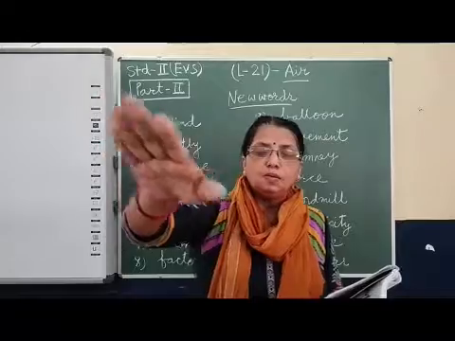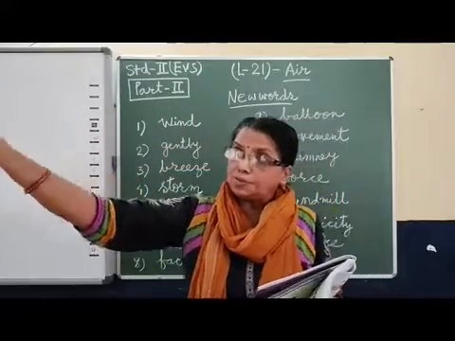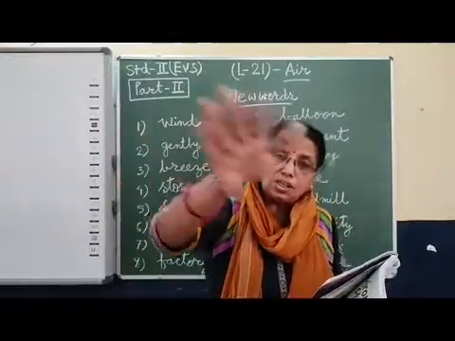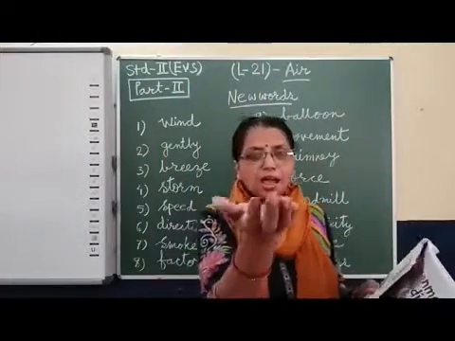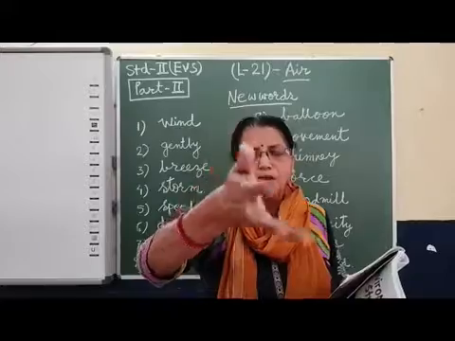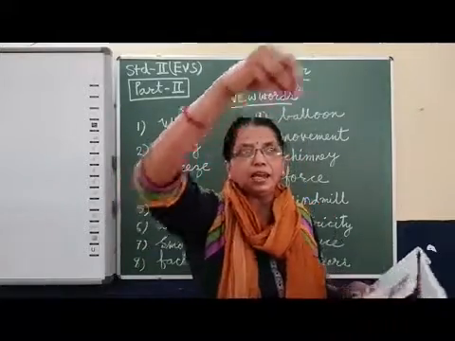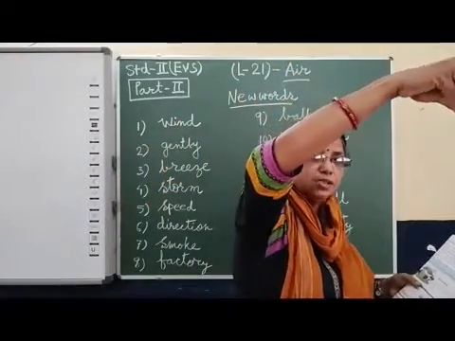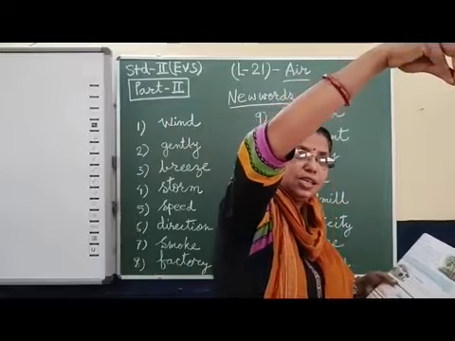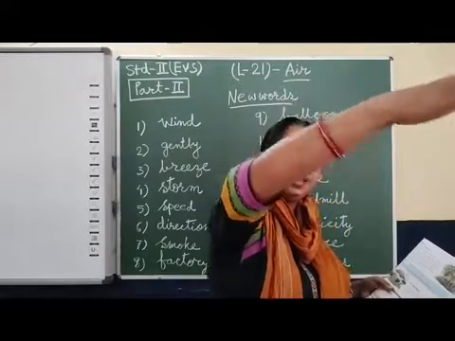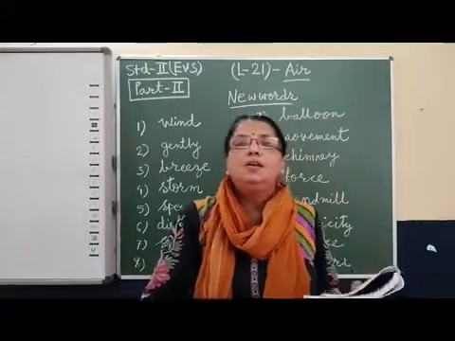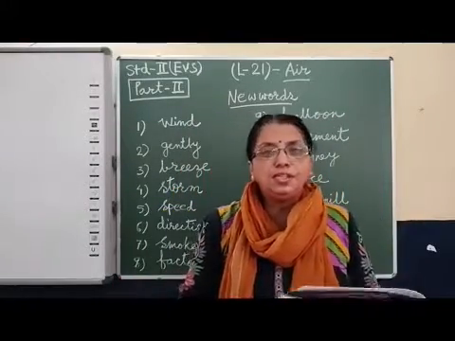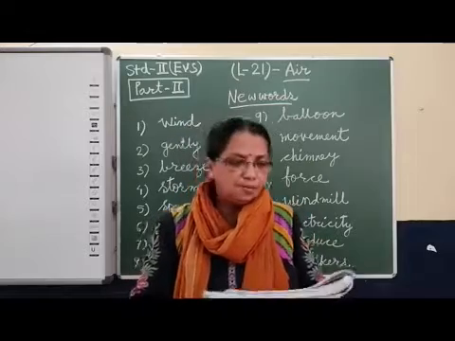From that, by observing the trees, you can see which direction the air is blowing. If you take a handful of soil or sand and throw it from a height, you also see the direction of air, the sand will be blown away that side. That is also one way of testing which direction the air is blowing.